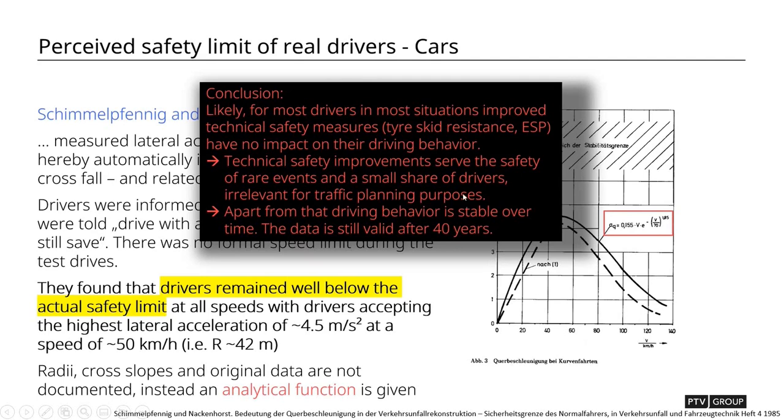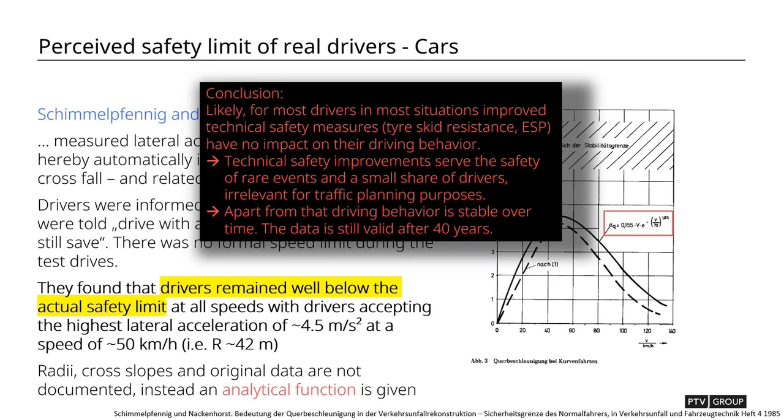I would conclude that technical improvements which happened since that time, so the tire skid resistance, the friction factor was improved, I guess. Also, electronic stability program was introduced since then. All this for most drivers in most situations has no effect, because we are driving safely anyway.